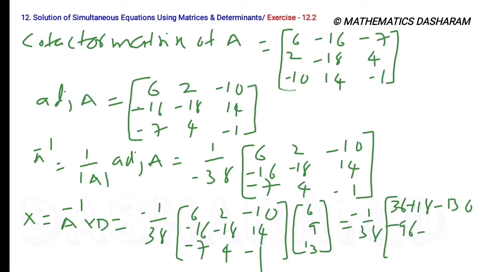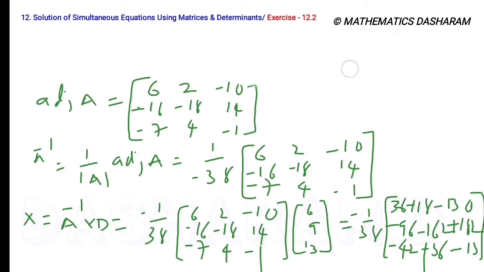Next, 2 minus 96 minus 162 plus 182. Minus 7 into 6 minus 42. 4 9s are 36 minus 13. So let's simplify.